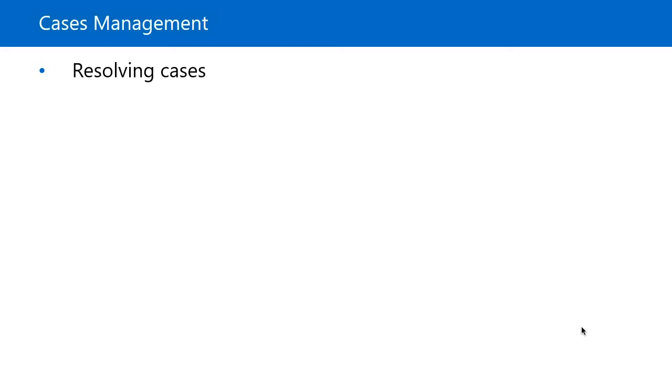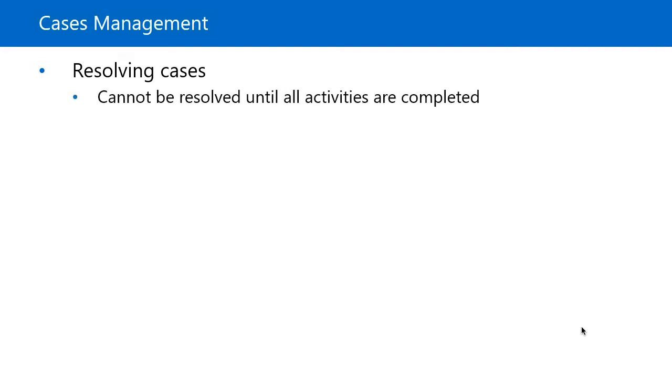Regardless of the effort, a case cannot be resolved until all activities related to the case, such as telephone calls, letters, appointments, or email messages, are completed. This prevents anyone from accidentally closing a case before all workflow or mandated activities are finished.